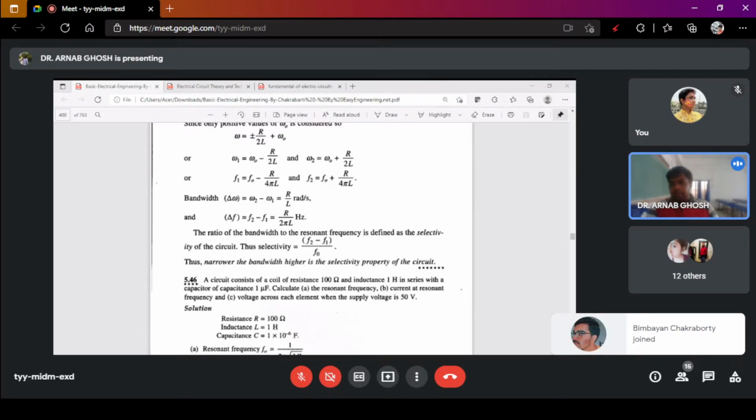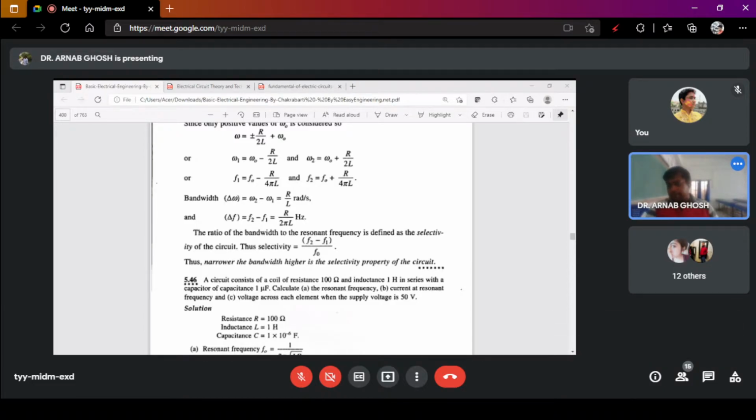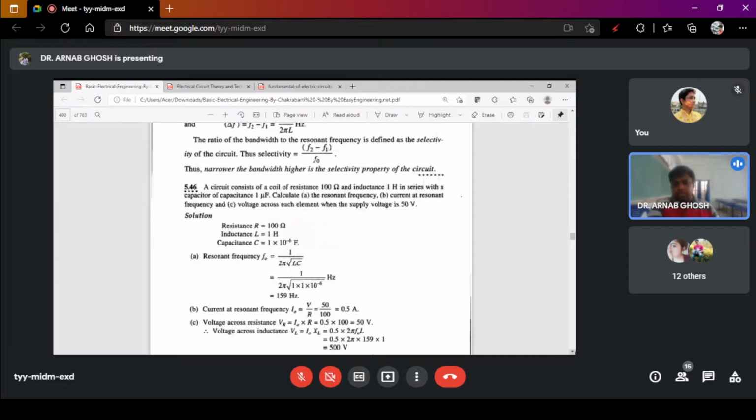Anybody has done this? Anybody completed this? Is it 318 hertz? Repeat. Yes, 318. Then just put 1 by 2 pi root over LC. 318 is not right, just check.